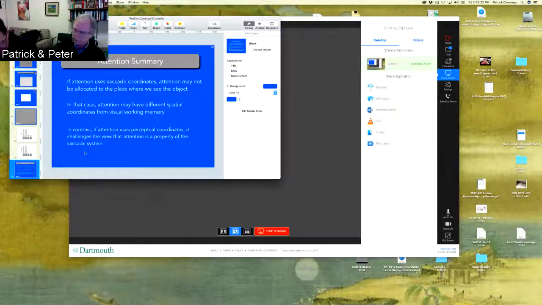It would be interesting to also do an endogenous version where, for example, there's a black ring and the drifting Gabor gets occluded by that black ring, and so there's no offset. And then you have the bar appear between those two positions. So it's possible that endogenous attention is in perceptual coordinates, whereas exogenous attention is not.